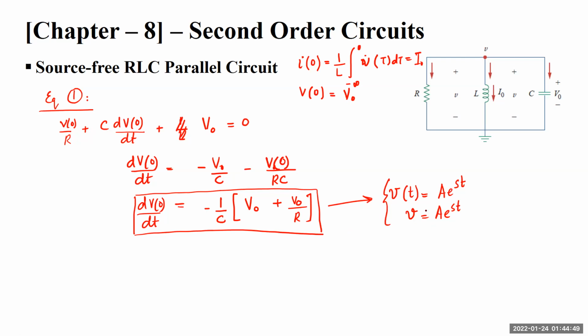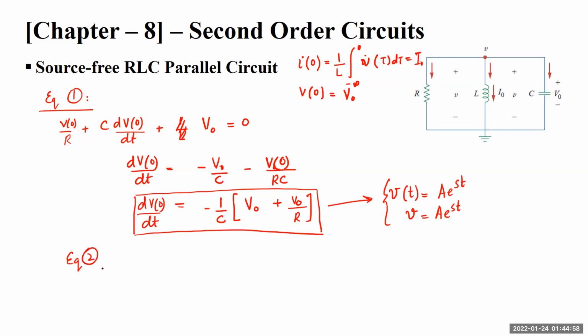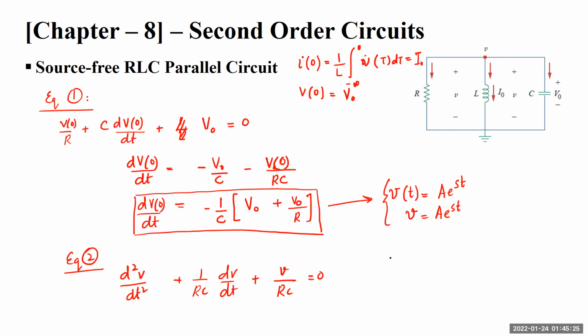So we use this general solution and solve our differential equation, the one we developed earlier, d squared V by dt squared plus 1/RC dV/dt plus V/LC equals 0. Remember, this is not I, this is V. We know that V is equal to A e to the power s t.